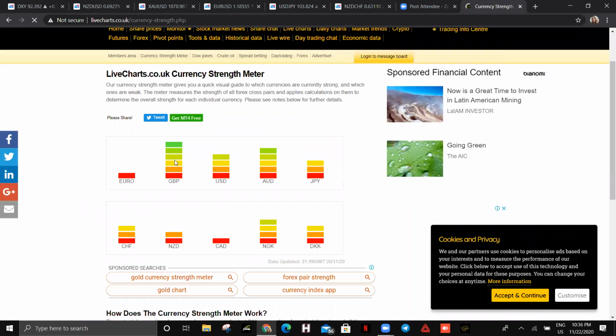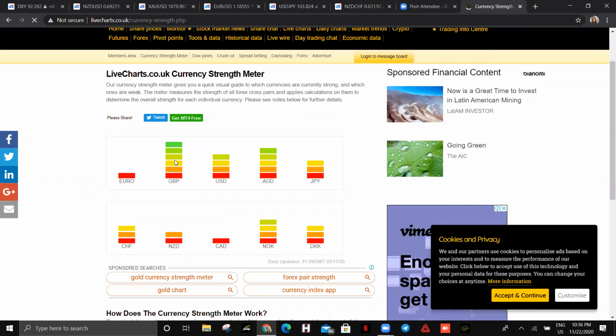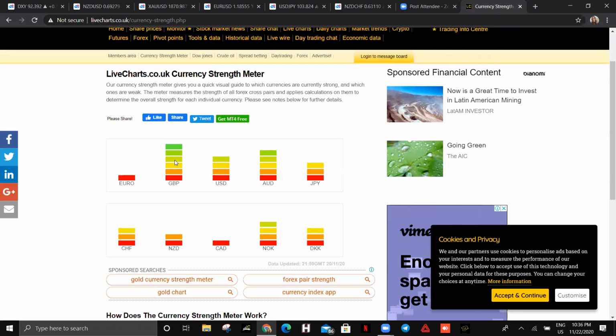Anytime you see 6 bars, it tells you that that currency is what? Strong. You can see it, 6 bars, I tell you the currency is strong. Every other one, 6 and 5 is strong, 4 is getting weak, 1 is what? Very weak. But you have to be refreshing it every 1 minute. So it is a currency strength meter you can use to check the strength of any pair.